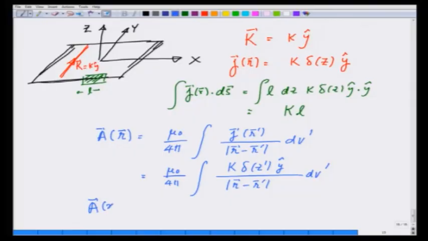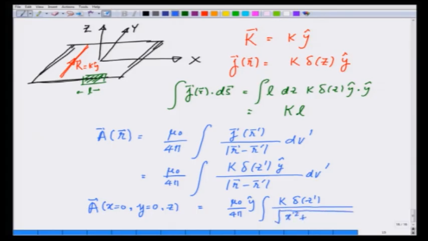So, I may as well calculate A at x equal to 0, y equal to 0, and z, which just makes my life a little easier. This will be equal to mu naught over 4 pi integral k delta z prime in the y direction, divided by the square root of x prime square plus y prime square plus (z minus z prime) square, dx prime dy prime dz prime. That is the expression.